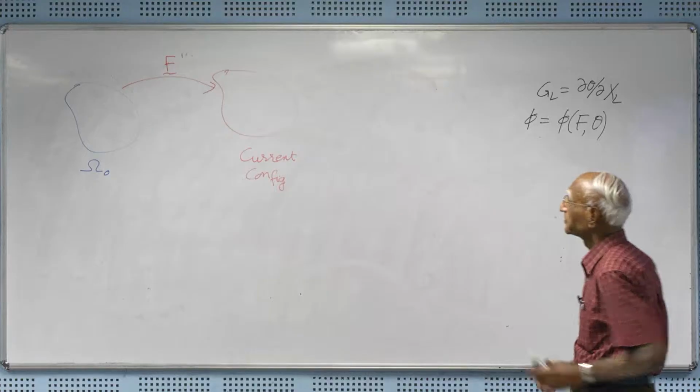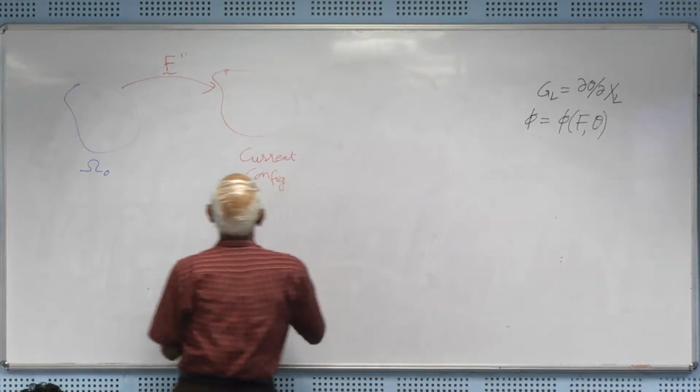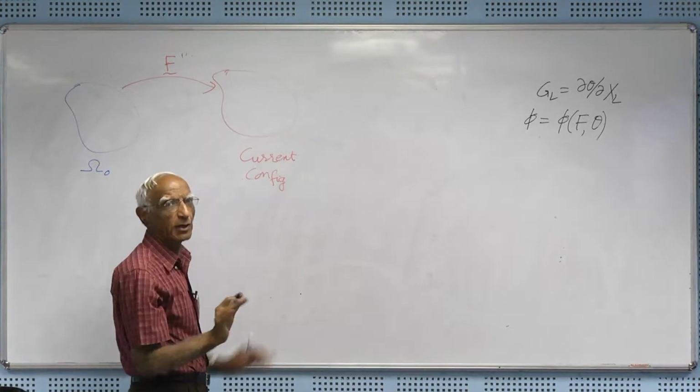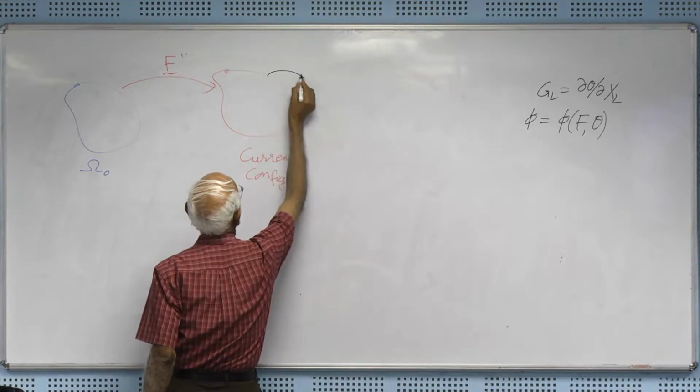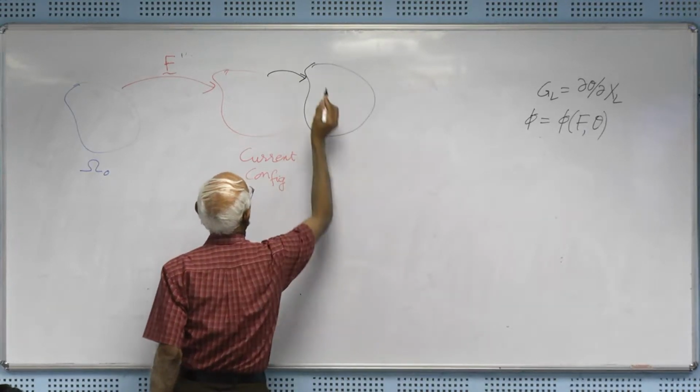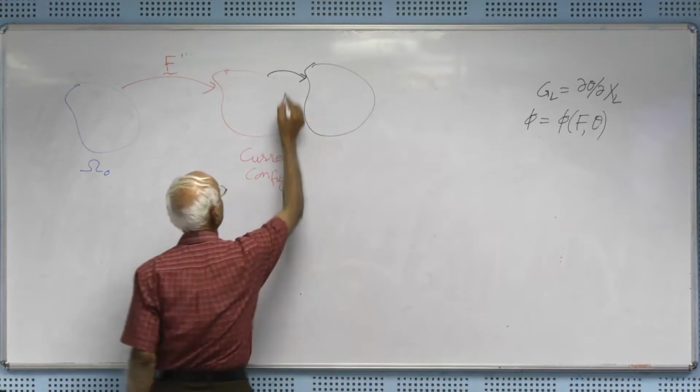Okay, so I apply F, which means I deform the body, and we get some stored energy, the strain or Helmholtz free energy phi. Now I rotate the body. I know I cannot draw it, but I rigidly rotate the body. So let's say from here to there, I have rotated it, pure rotation.